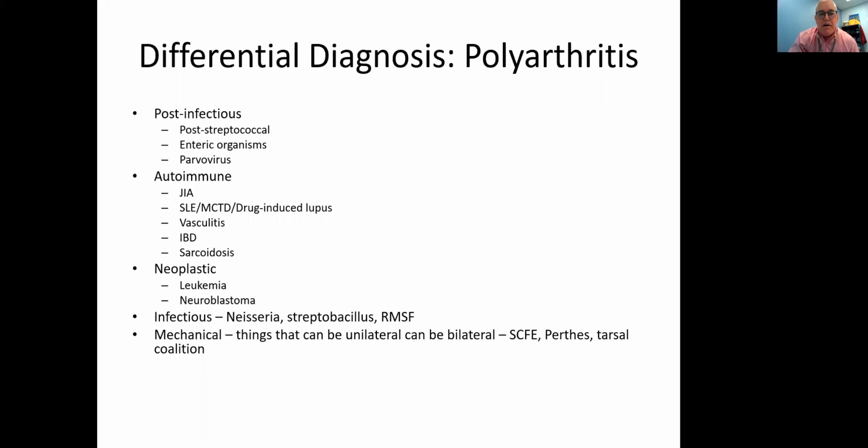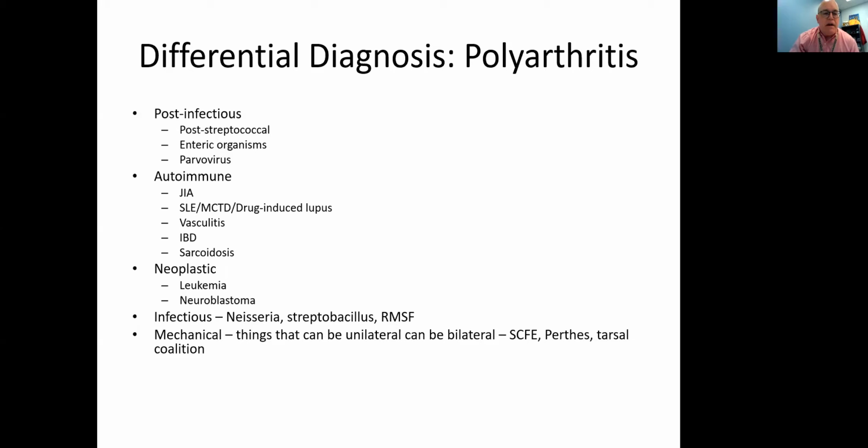But these patients need to be followed over time until they either declare themselves as JIA or improve. Many other infections can cause a post-infectious arthritis, but these are the ones that are unique and important in terms of how they impact our patients.